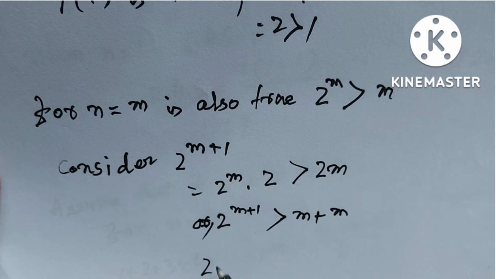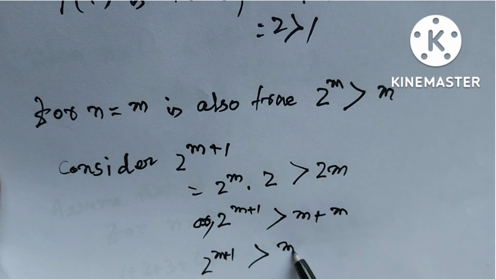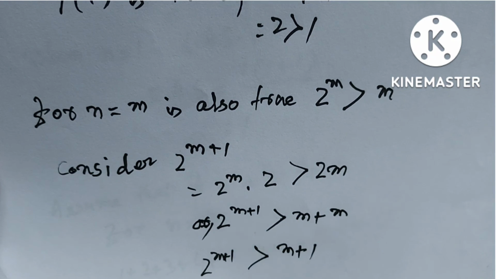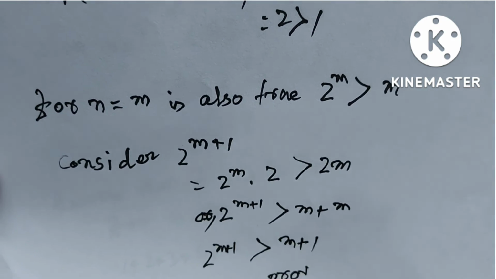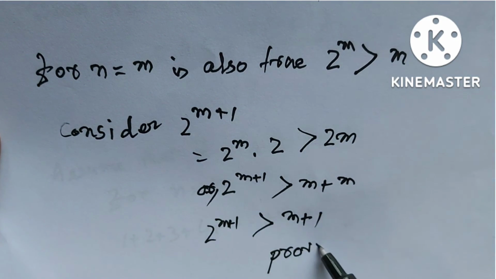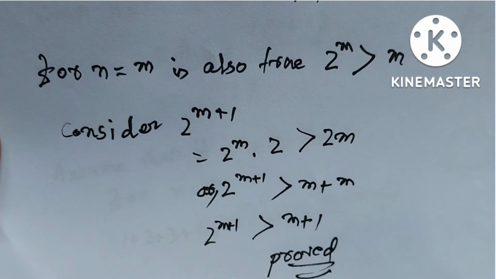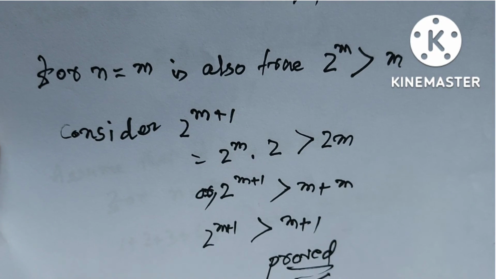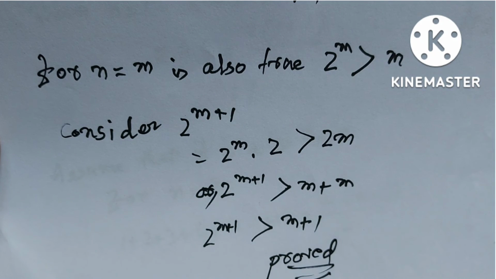So 2 to the power m plus 1 greater than m plus 1. Proved. Hence, P m plus 1 is true. Therefore, by induction, Pn is true for all n. That's all.